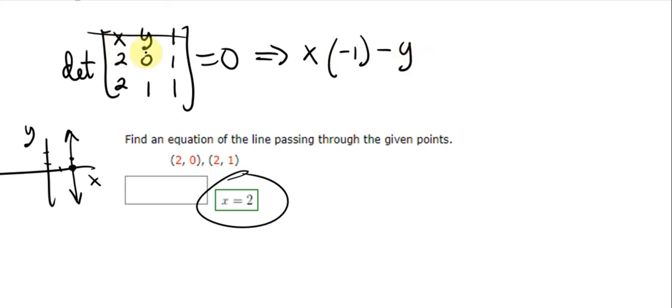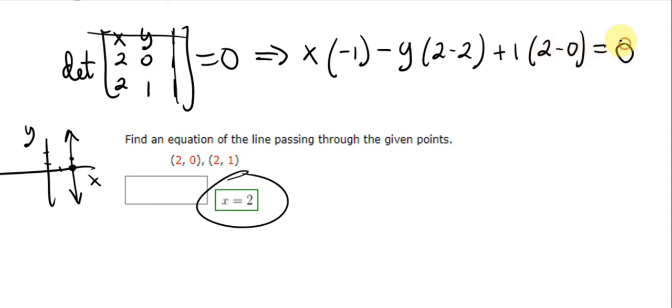Then where the y is, deleted row and column, I have left 2 minus 2. So you see the y part is going to go out for the equation. Then plus 1. And here we have 2 minus 0. And we set this equal to 0.